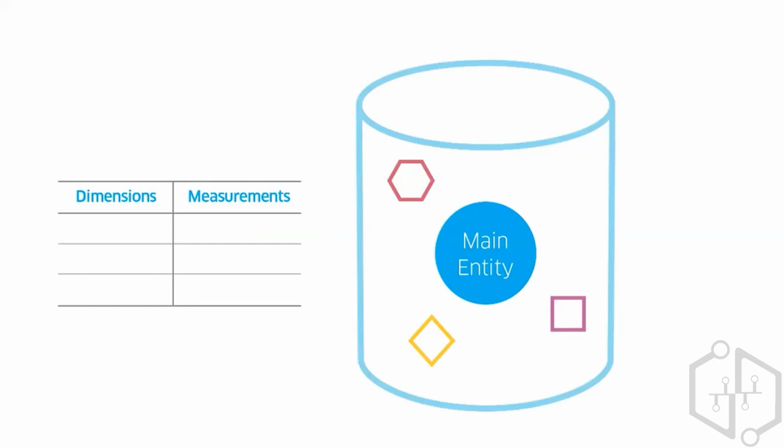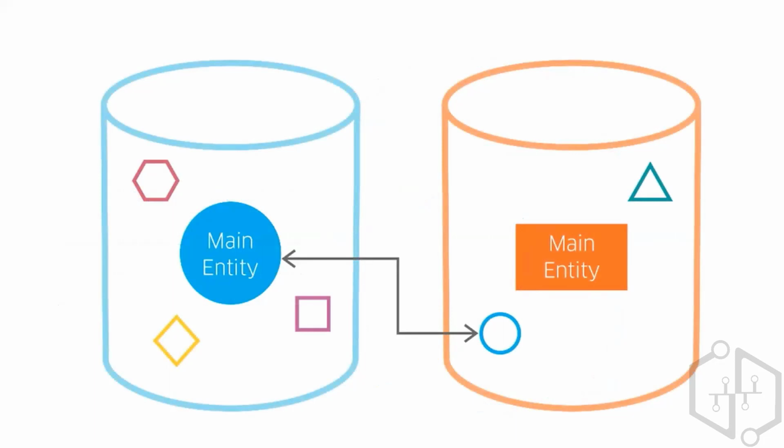What is the point over here? The point is each data set is different from one another, but it has a main entity. Every data set will have a main entity for itself, and it will have a set of dimensions and measurements. The main entity is different in different data sets, but there are times when we merge the data based on shared entities between two data sets.